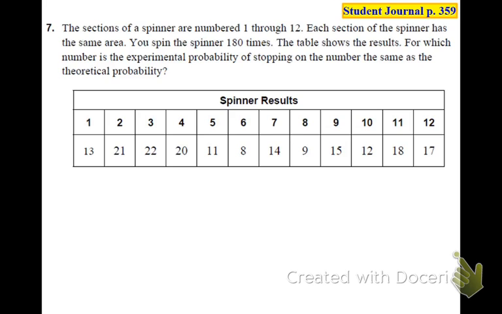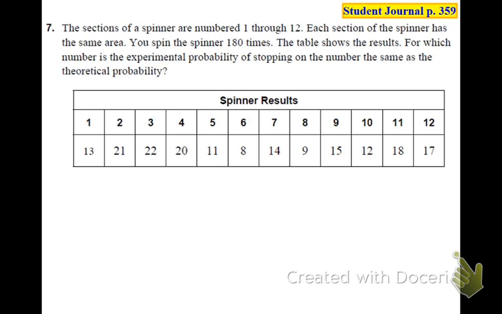Yes. So what's going to happen is outcomes goes on the bottom and favorable outcomes go on the top. So we said how many outcomes? 12. How many spaces have a 1 on them? 1. How many spaces have a number 2 on them? 1. So there's only 1 space with each of them.